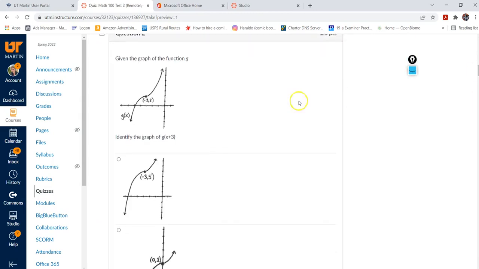It says, given the function of g, identify the graph of g evaluated at x plus 3. So when x is replaced with x plus 3 inside the parentheses, that's going to be shifting this unit 3 units left. So picture this graph shifted 3 units left.